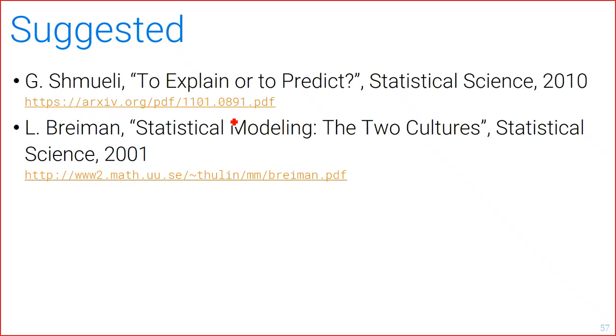Kind of in the same idea as the other paper, but I suggest you take a look at them and read more about it, because it's very important that you are aware of these two cultures, so to speak, whether you want to build very good models for prediction or for explaining. Again, what we are going to try to do in this course is build models for explaining.